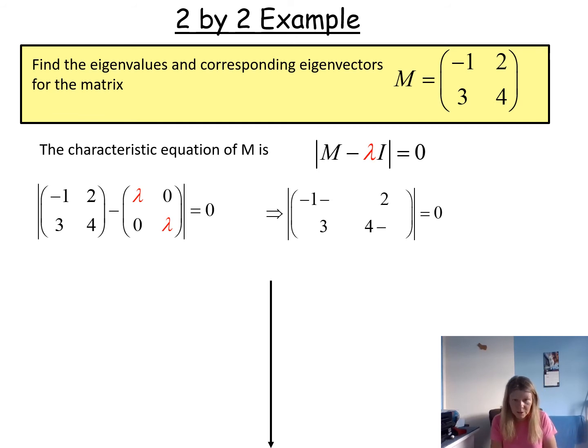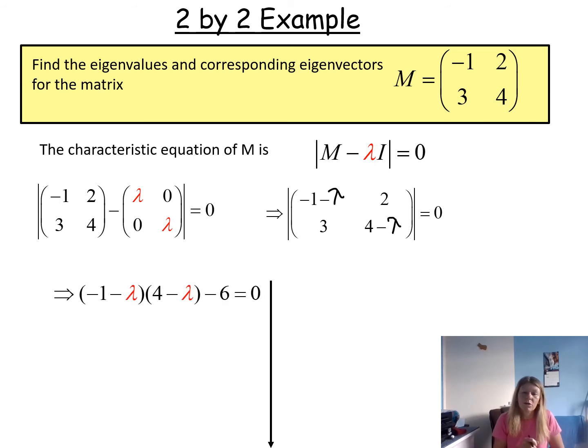So 1 minus lambda on that there, and 4 minus lambda, so there we go. So we're solving this equal to 0. When you find the determinant of something, if you remember what to do there, we multiply the diagonals and then subtract the other diagonal multiplied together, and magically it pops up there. So we're solving this equation equal to 0.